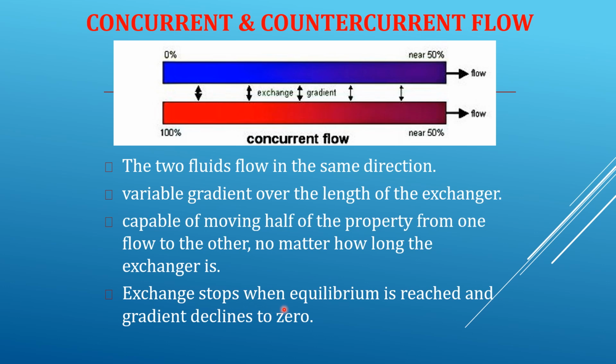This exchange stops when equilibrium is reached and the gradient declines to zero. When equilibrium is reached between the two flows, in terms of ions, at that point of time the exchange will stop.